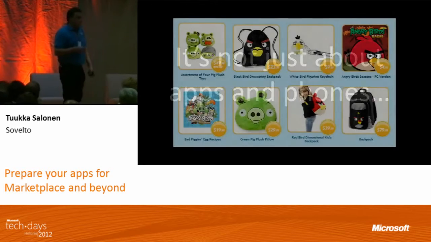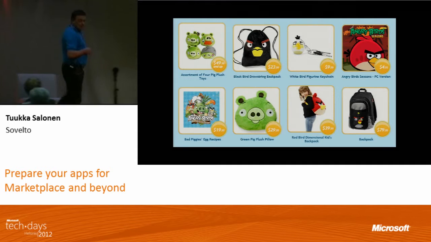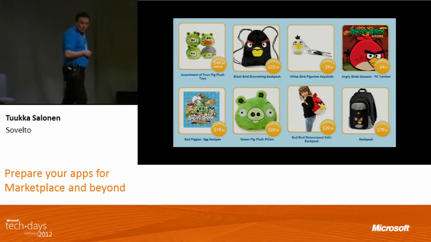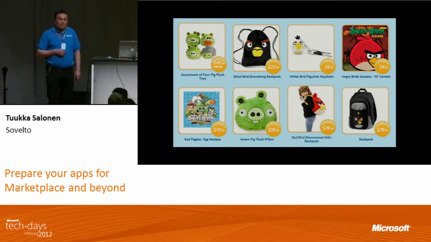And of course, the best situation is this: if you can sell your backpack for 80 euros, you kind of have your fuzzy toys. That's the best. And for them, it was trial and error. I think they made like 40 applications before they succeeded. 50.